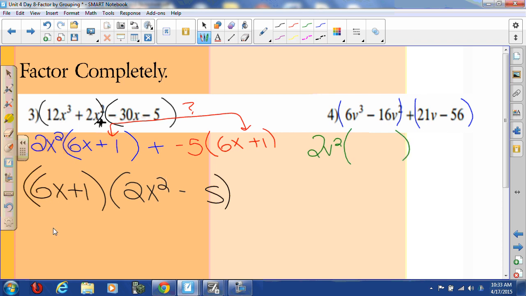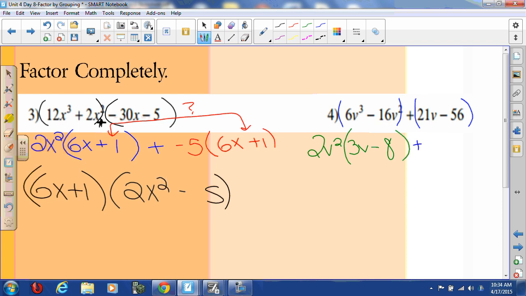Sam, what's left if you factor out 2b squared? 3b, and then 4. And give me a sign. So say the whole thing. Thanks. Perfect. All right, now put the plus sign down.